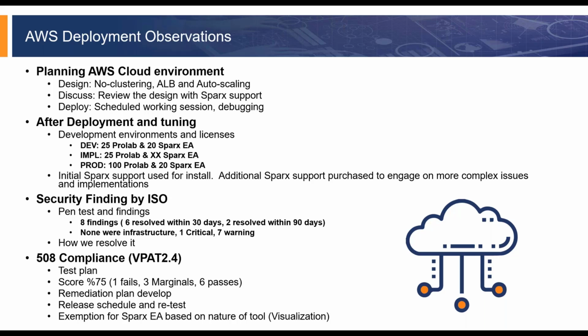We provide zero-installation clients for federal government-provided laptops, so they can easily extract the zip file and install it on their laptop. We installed all of these on dev, Impel, and Prod.